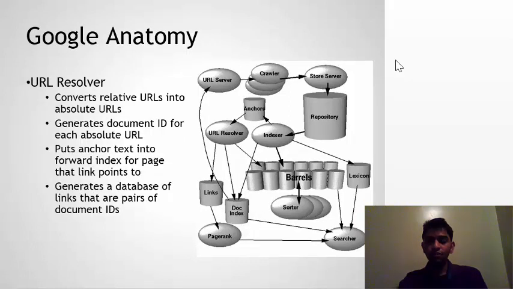The URL resolver converts relative URLs to absolute URLs and then absolute URLs to doc IDs. They put each anchor text into the forward index for the page that it links or points to. They also generate a database of links that are paired with document IDs.